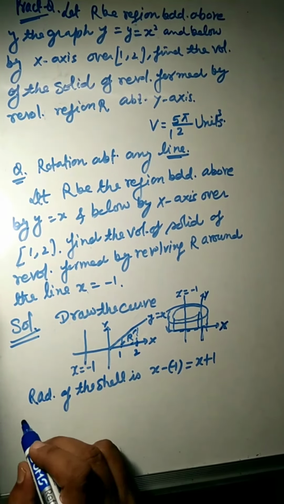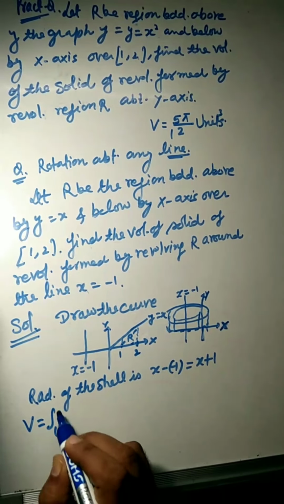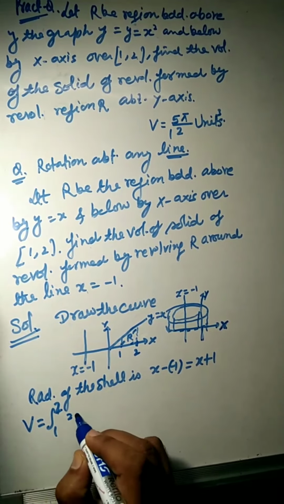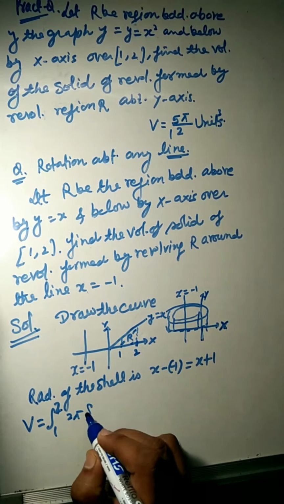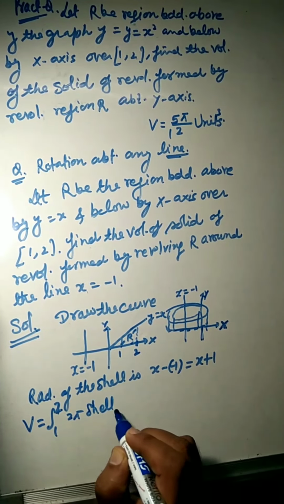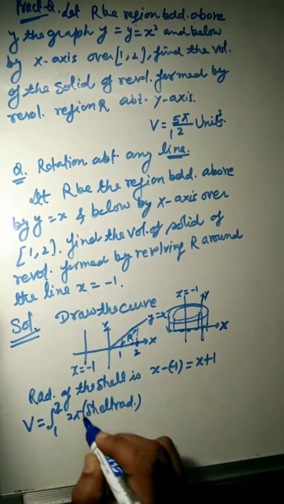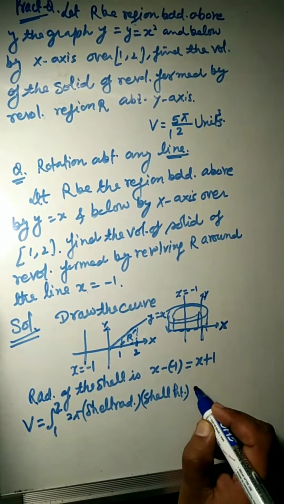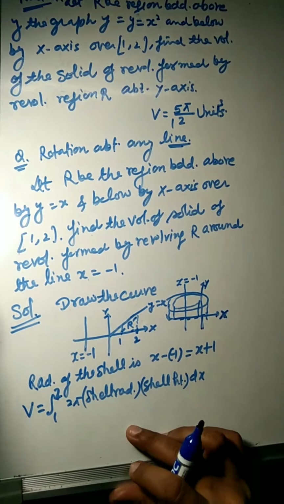Now we are simply using the formula V equals integral from 1 to 2 of 2 pi shell radius times shell height times dx.